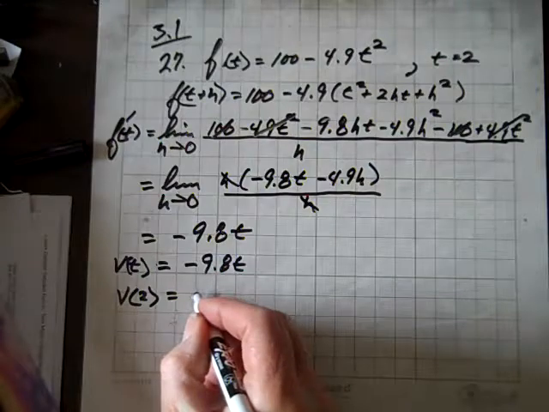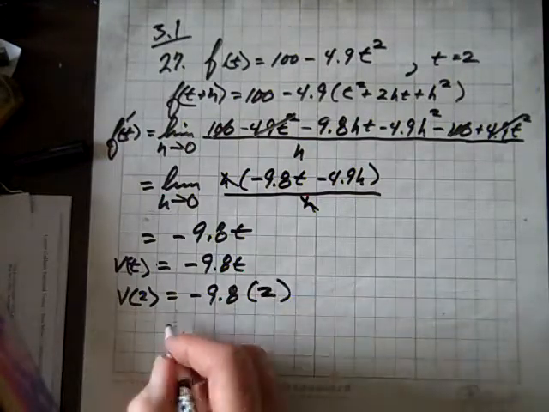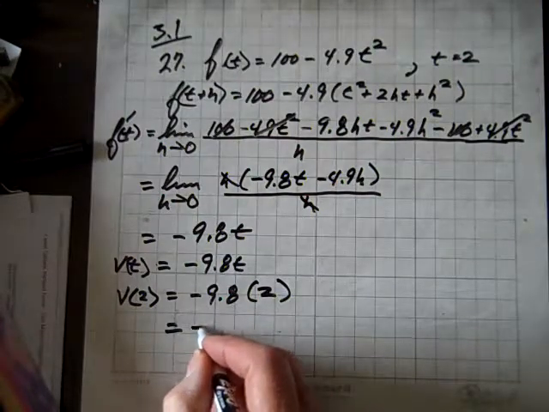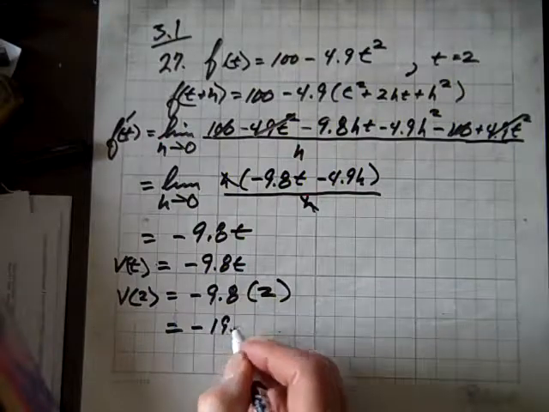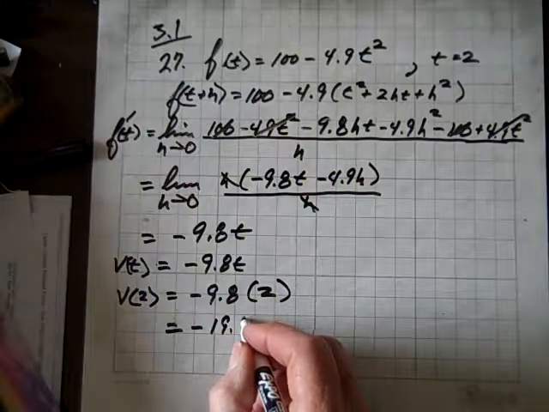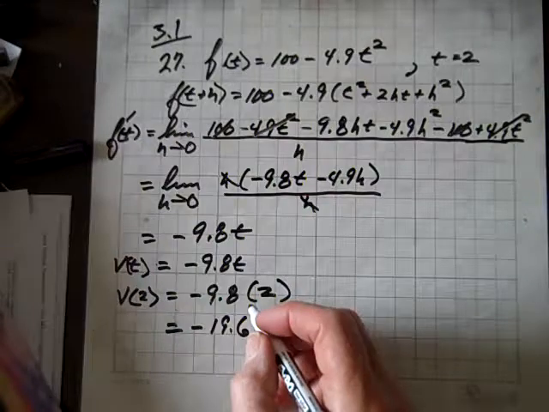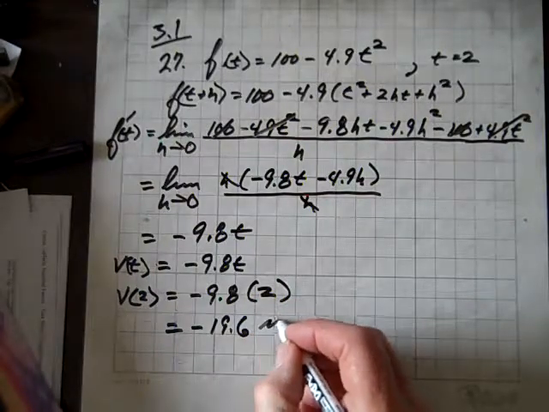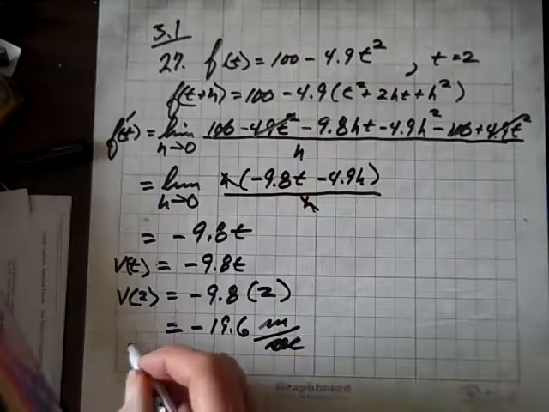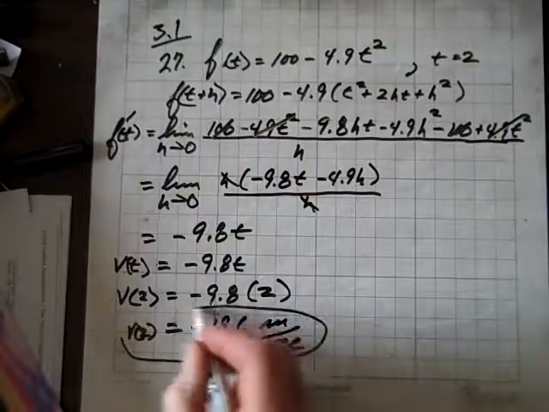Well, that's negative 9.8 times 2, which is negative 19.6. And what are our units? That's going to be meters per second. So that's the velocity, that's v of 2. Good.